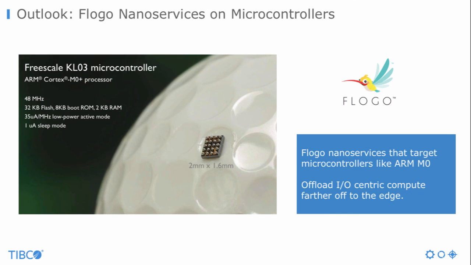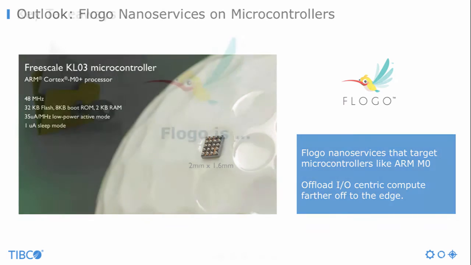Here you might not be able to deploy a complete Flogo application, but only parts of it because it's so small, and then you can combine it with a more powerful Flogo app. That's what we're targeting now: deploying parts of the Flogo engine even on a microcontroller. Then you see what we mean by really small devices, not just Raspberry Pi-like devices.